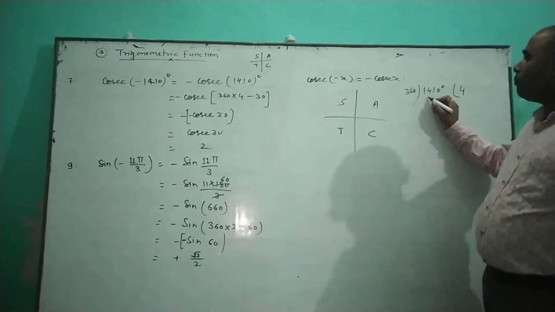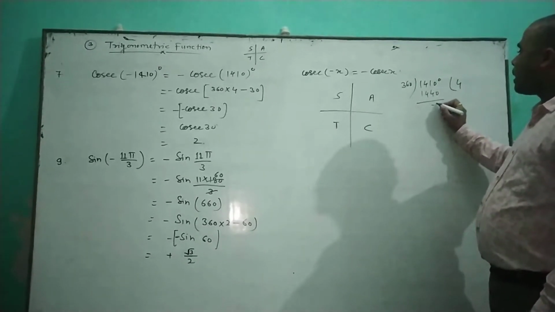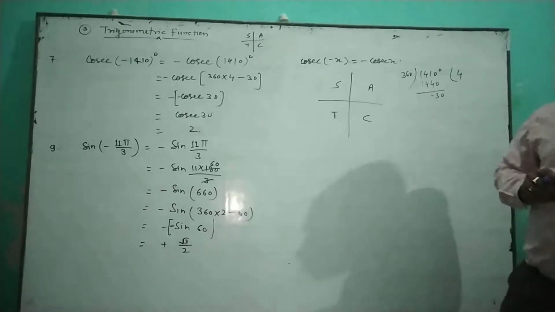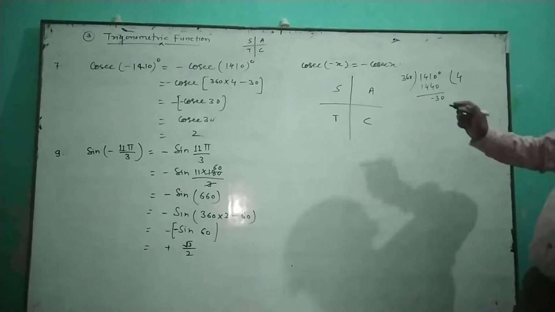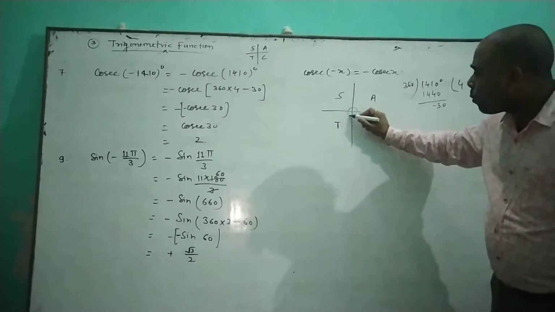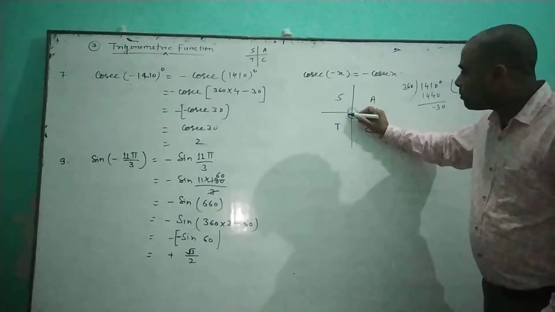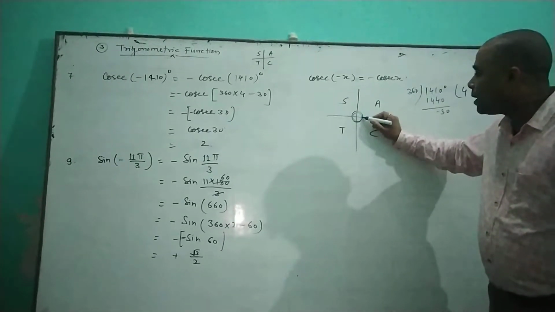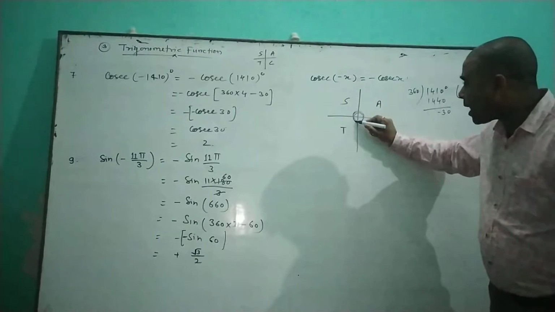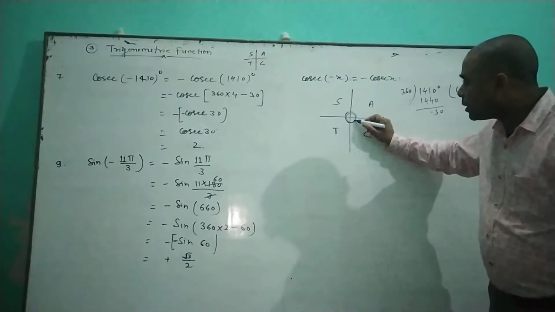In 4 times we get 1440, which means minus 30 is here. It means 1 time 360, 2 times 360, 3 times 360, and the 4th time we do not complete 360, it is only 30 degree less.